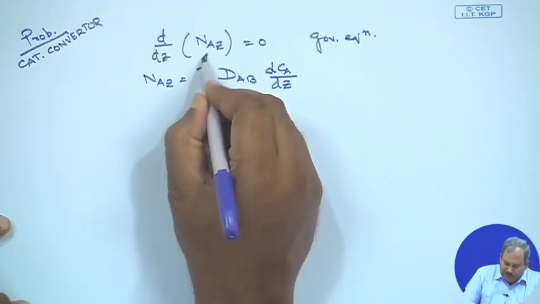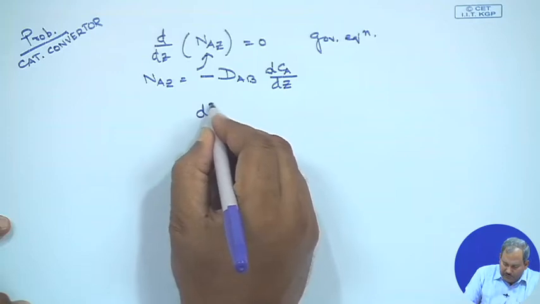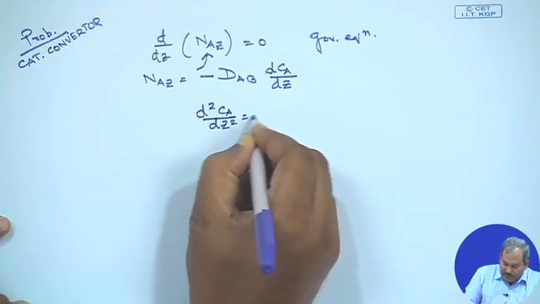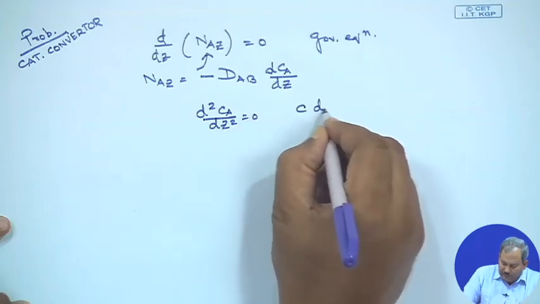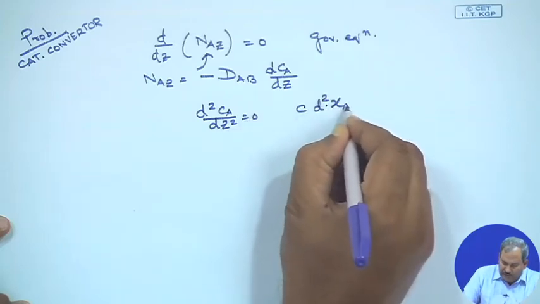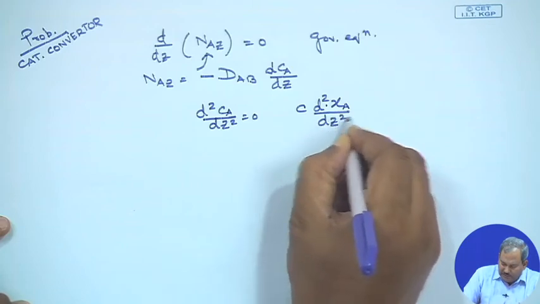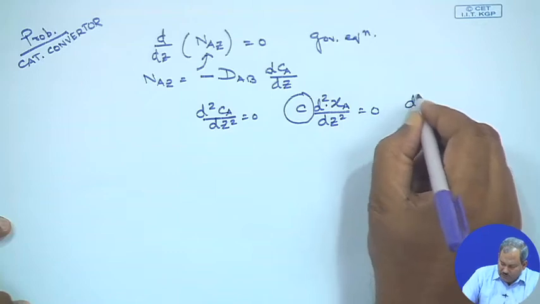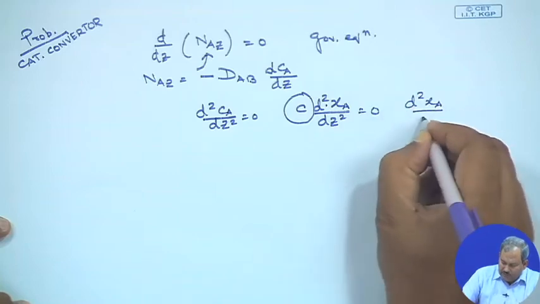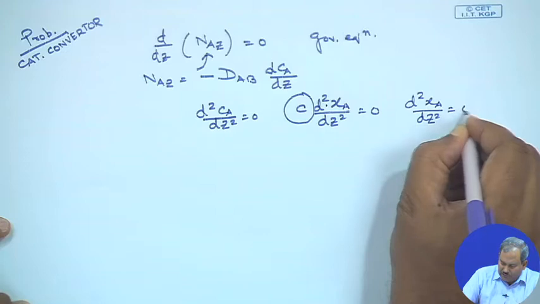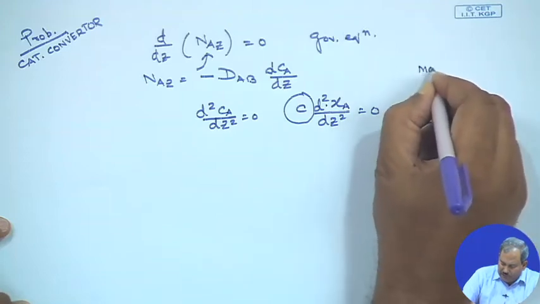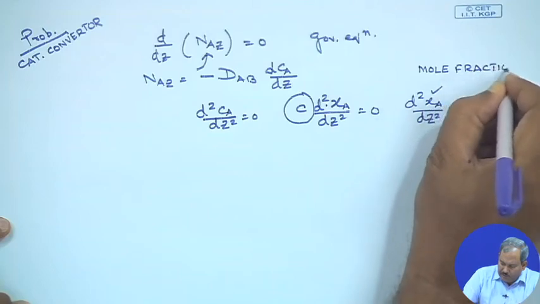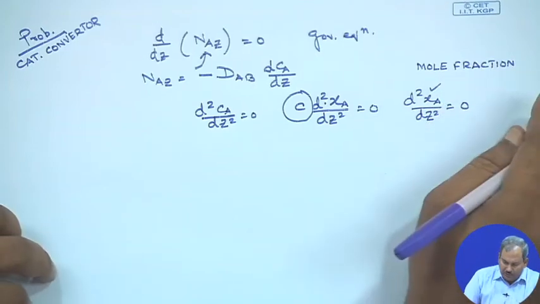So, when you substitute that in here, what you are going to get is d2CA by dz square is equal to 0, or C times d2XA by dz square is equal to 0, C being the total concentration, which is a constant. So, your governing equation would simply be d2XA by dz square equals 0, where XA is the mole fraction of component A, which in this case is NO.